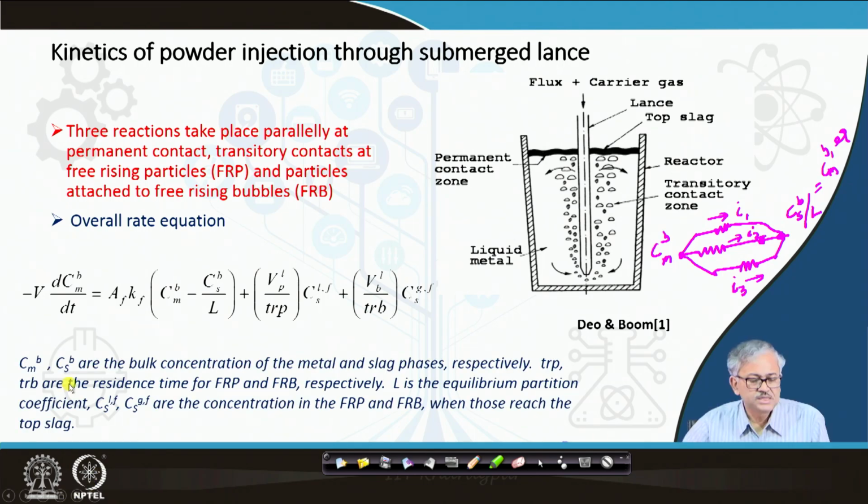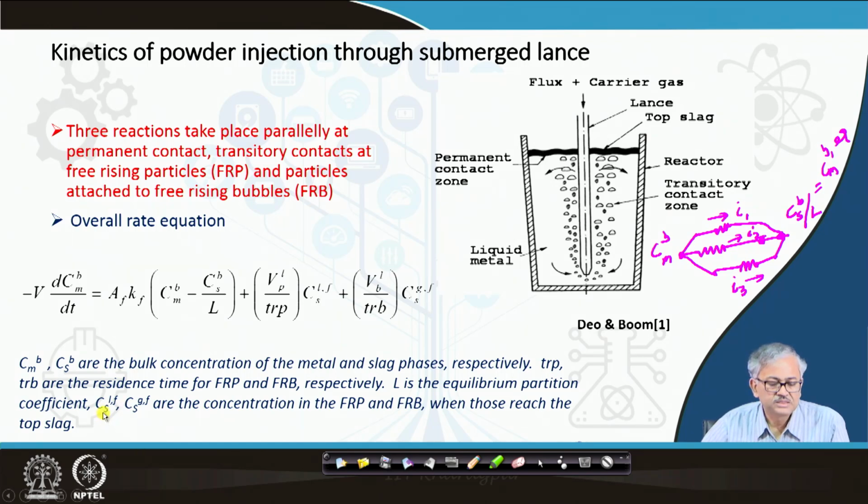And where CMB and CSB are basically the bulk concentrations of impurity in the metal and slag phases respectively, and TRP and TRB are the residence times, because when the free rising particles and the bubbles are moving, the total residence time in the liquid bath is given by TRP and TRB, and L is the equilibrium partition coefficient.